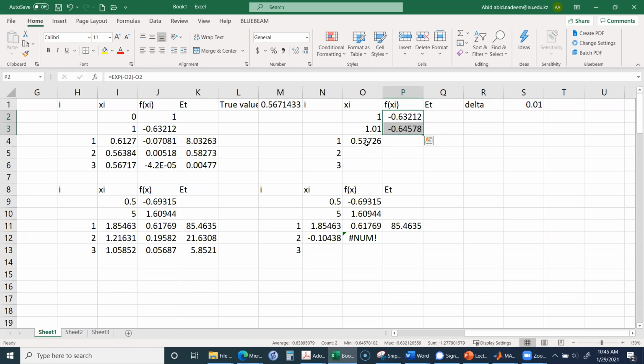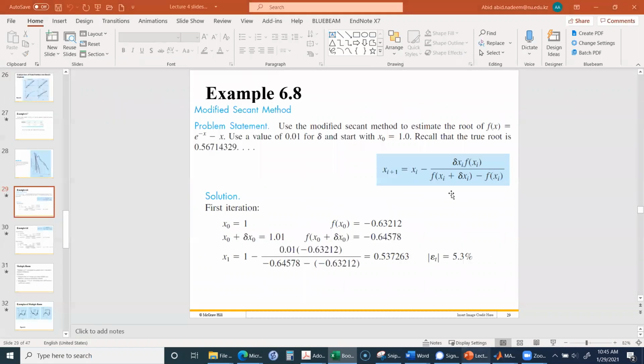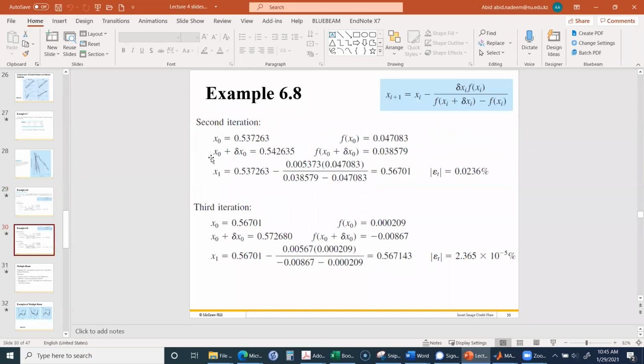Now I get 0.53726, and I get it here as well. For the next iteration, I will use this value 0.53726 as the starting value, and then x naught plus delta x naught will be 0.53726 plus 1% of this value.